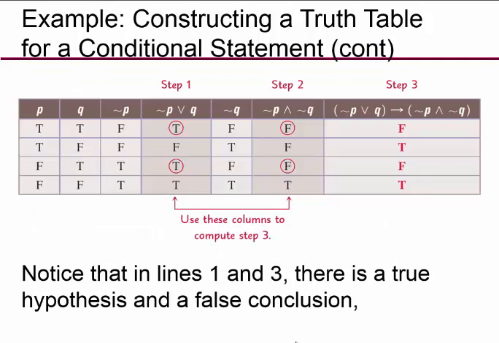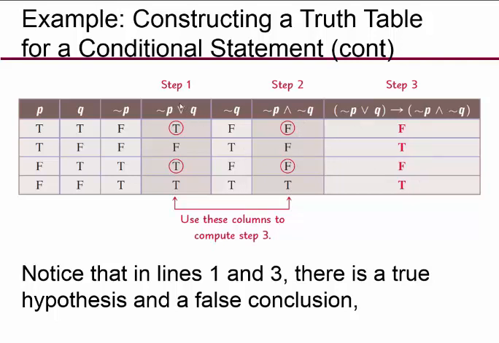They start with P and Q and then not P, and then not P or Q. We're going to use step 1 and step 2 to calculate step 3. Then they do not Q, and then not P and not Q, and then they finish it off.